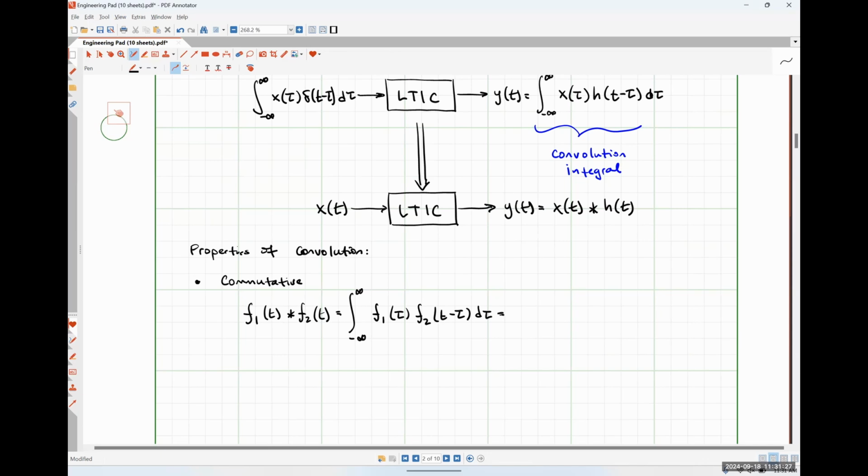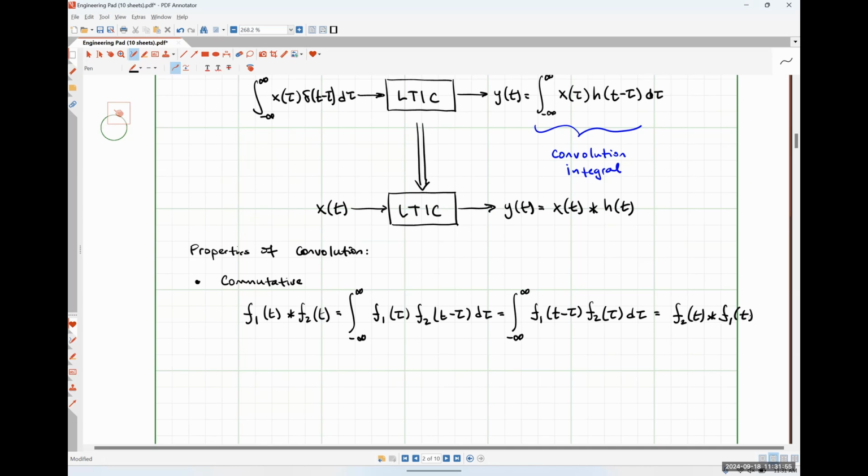And this is the same as the integral from negative infinity to positive infinity of f1 of t minus tau times f2 of tau d tau, so that we can say that f1 convolved with f2 is the same as f2 convolved with f1.